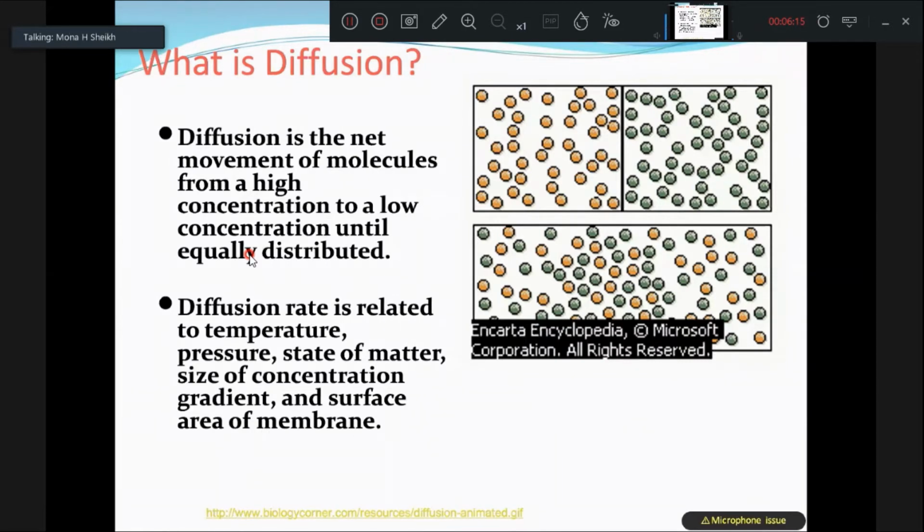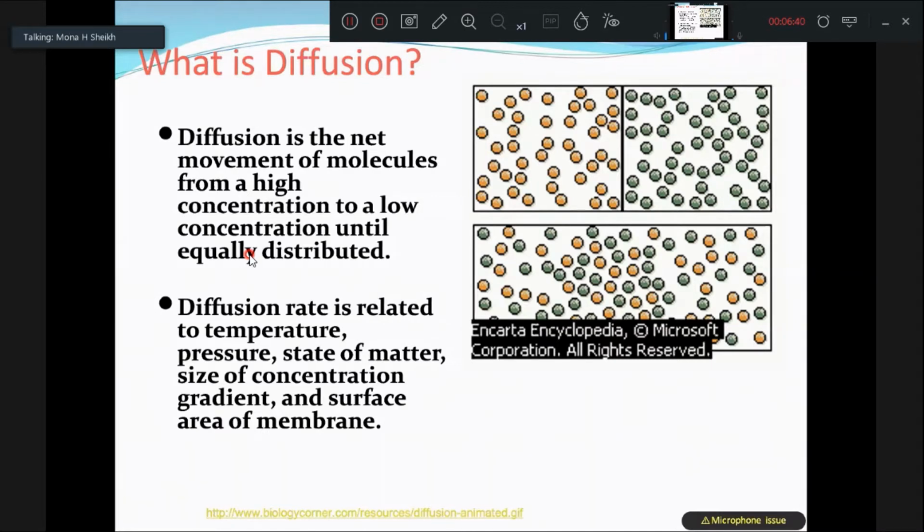And this one does not require a carrier, does not require a channel, but it is affected by temperature, by pressure, by the nature of the substance, by the size and concentration gradient of the substance across the membrane, how much difference there is from outside and inside, and by the surface area of the membrane through which this diffusion is taking place.